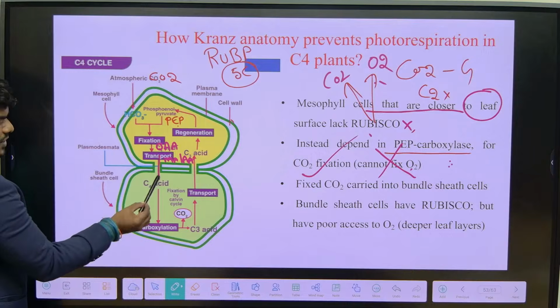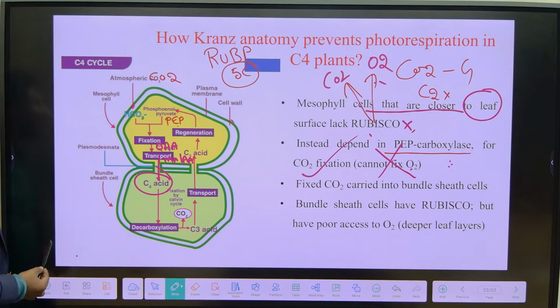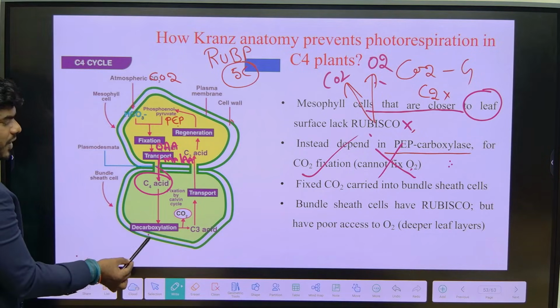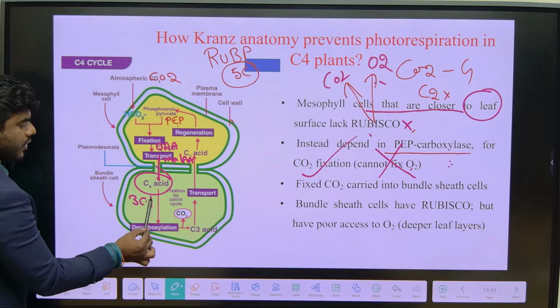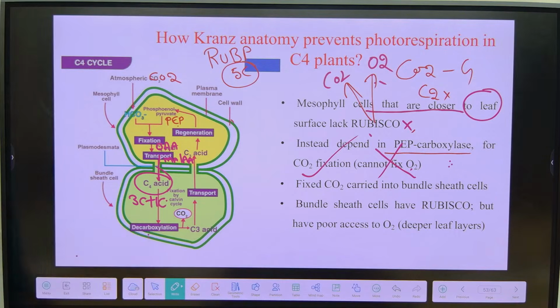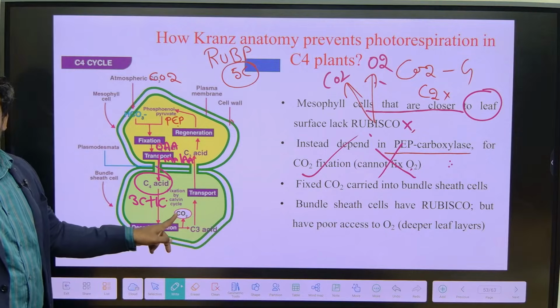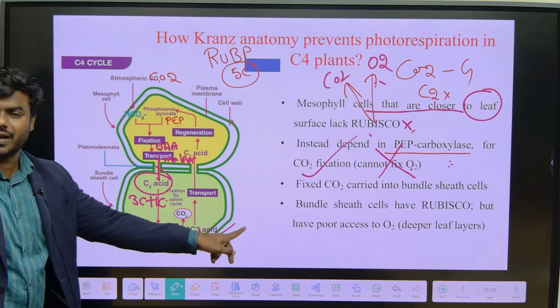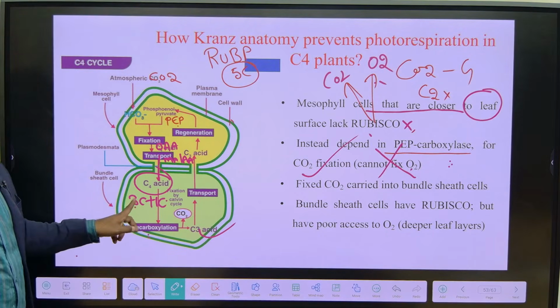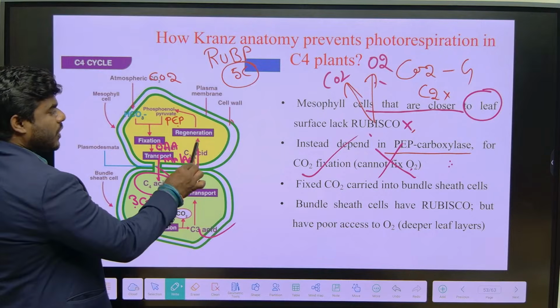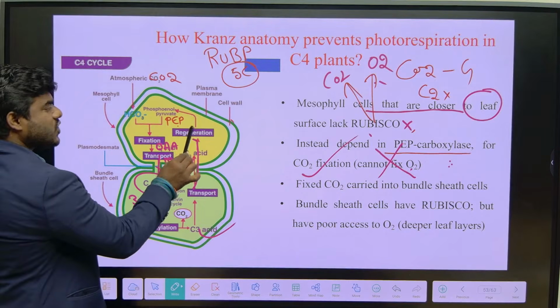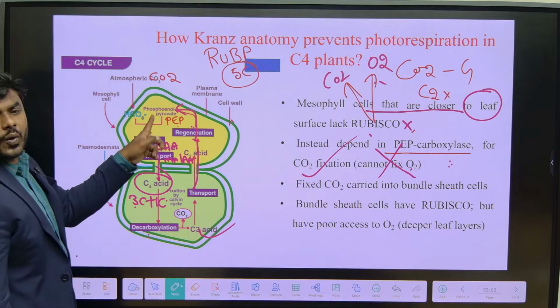Now malic acid, which is 4 carbon, enters into the bundle sheath cell and undergoes decarboxylation, breaking down into 3 carbon plus 1 carbon. Now that 1 carbon is taken by Rubisco and continues the C3 cycle. The remaining 3 carbon, called pyruvate, is transported back to the mesophyll cell and converted into phosphoenol pyruvate.